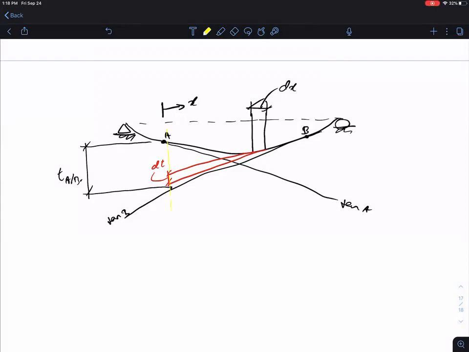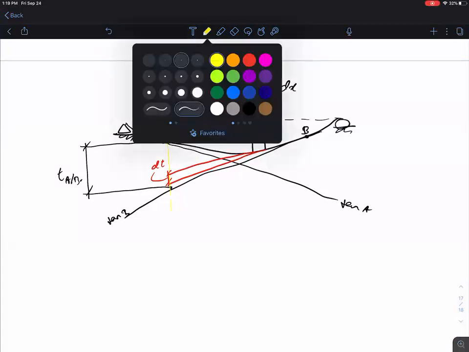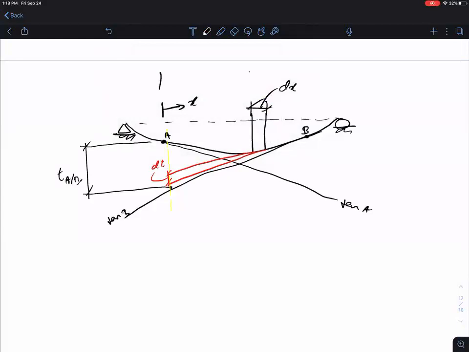Now, given that the slope of the deflected beam and the deflection itself are assumed to be very small, we can approximate the length of each of the tangent lines by x, right? So when we say x, we're referring to this distance.